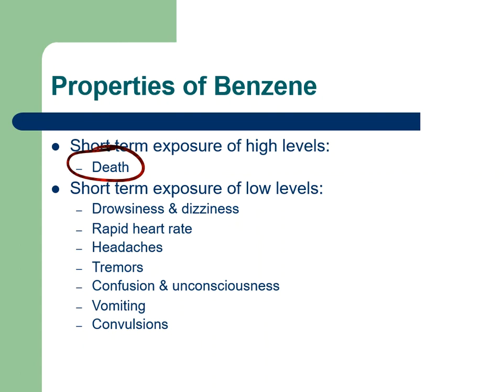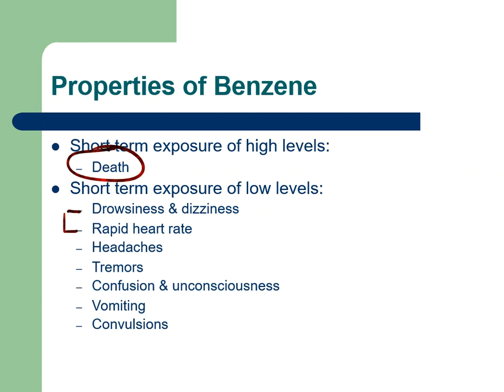So what are some of the symptoms of benzene poisoning as it's happening to you, maybe as you're working with this substance? Well, drowsiness and dizziness is going to be one. And you're probably thinking, drowsiness? I feel this way every time I watch one of your videos. Well, that's not benzene poisoning. That's something else. Next is rapid heart rate. So rapid heart rate, you experience that every time a test rolls around.